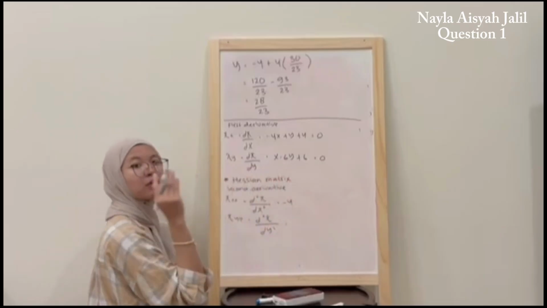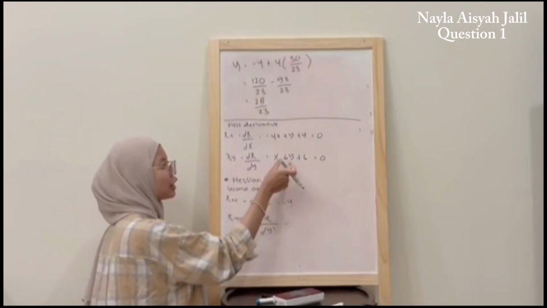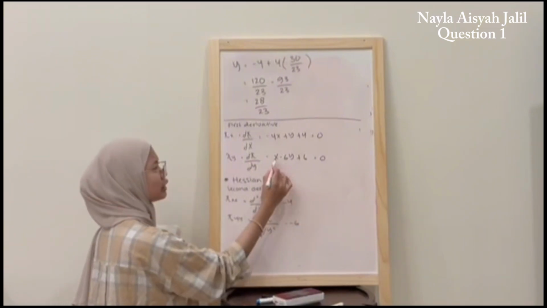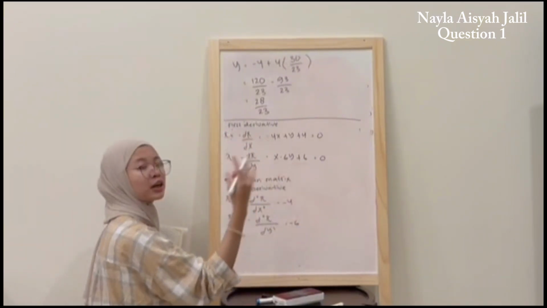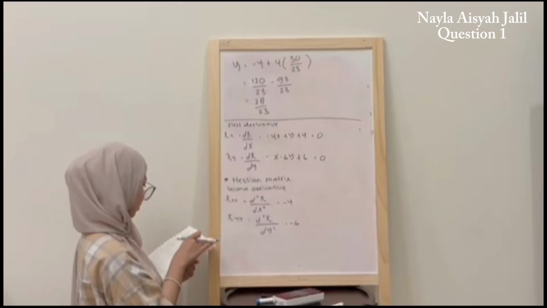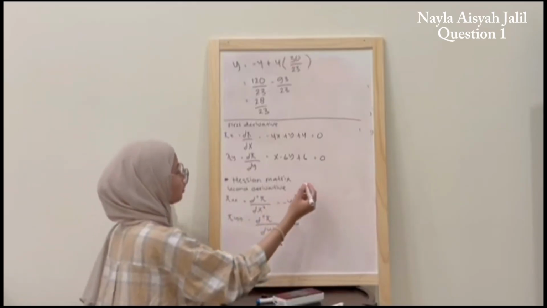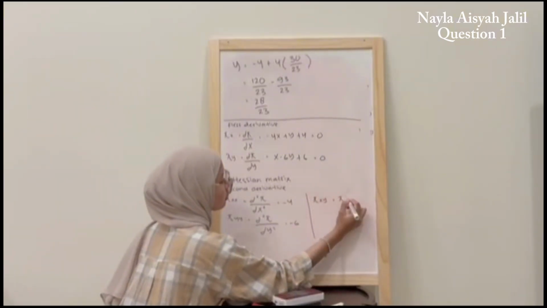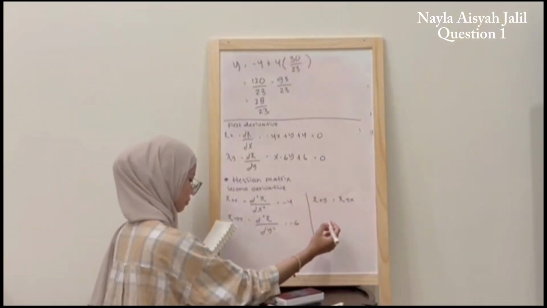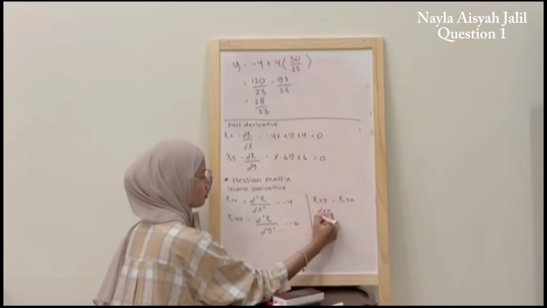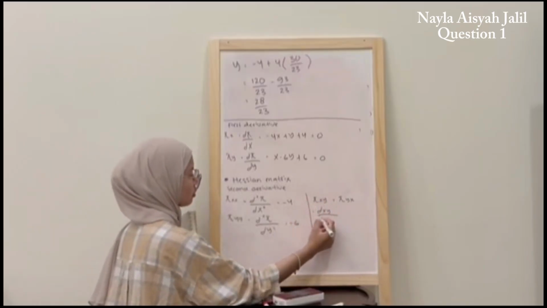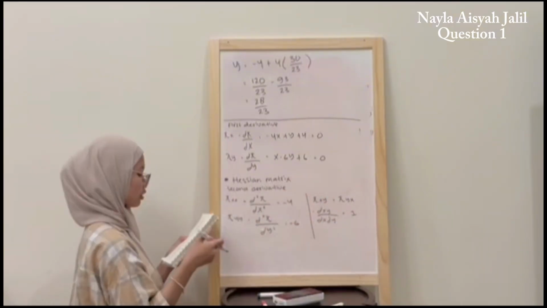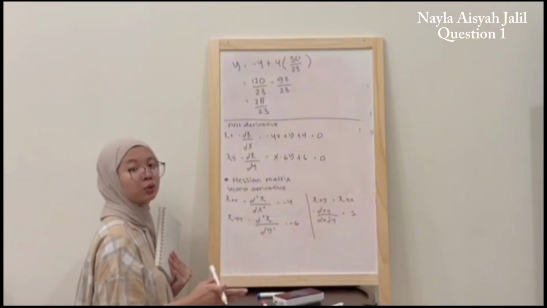Okay, you just focus on who has variable y like this. So yep, only minus 6. This is 0 and this is 0 because this doesn't have variable y. And then the x and the y is 1. So after that we have the second derivative.